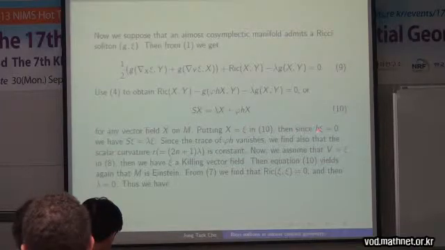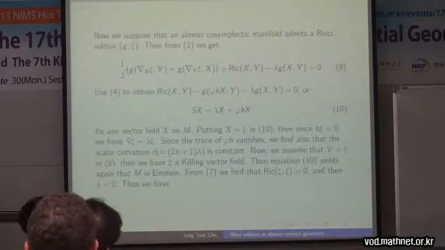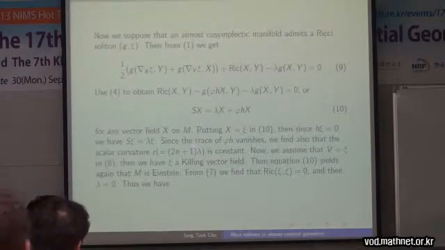Then since hψ is 0, ψ is an eigenvector of the Ricci operator. Since the trace of φh vanishes, we find also that the scalar curvature is constant.